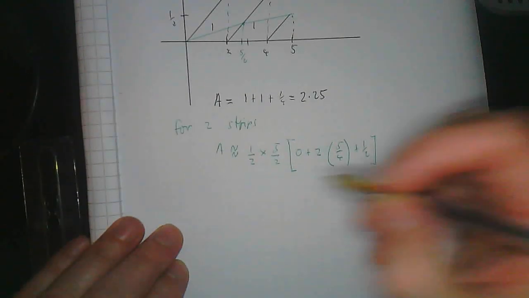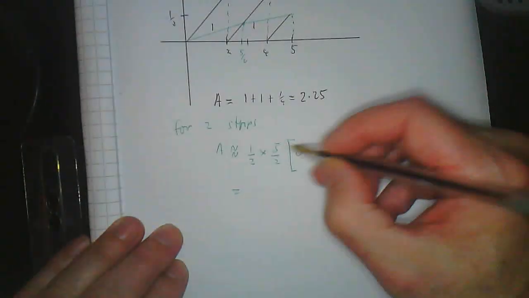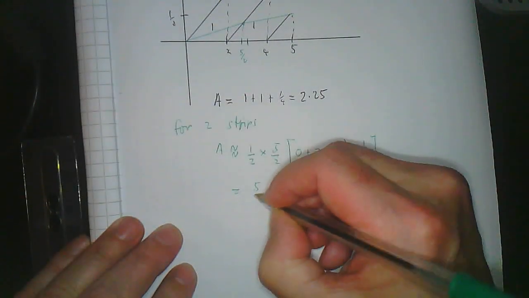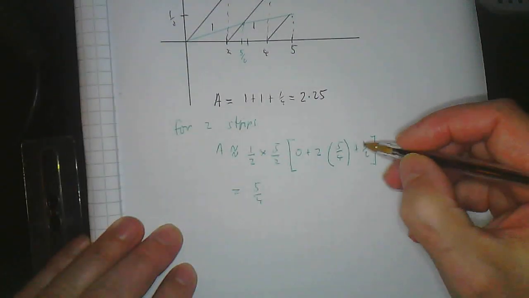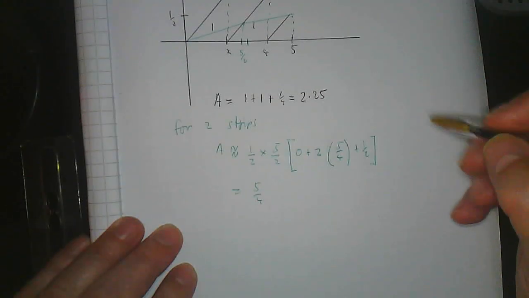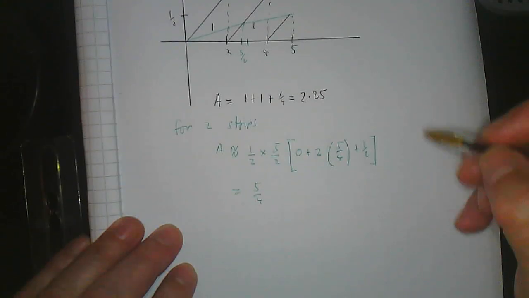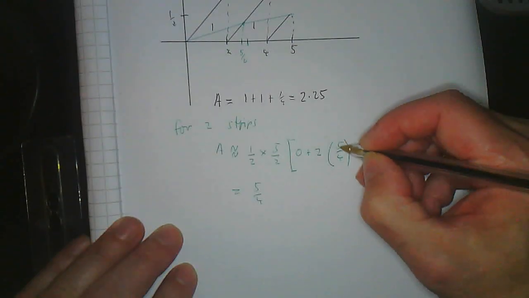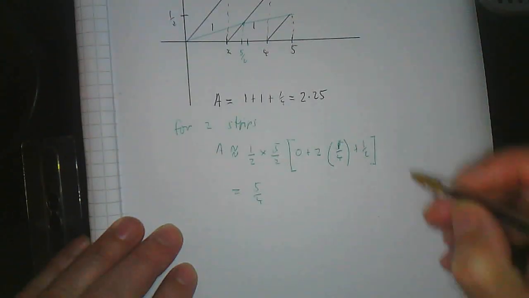This will give us a half times 5 over 2 is 5 over 4. There's a mistake here. That's not 5. It's 1 over 4. 1/4 here.